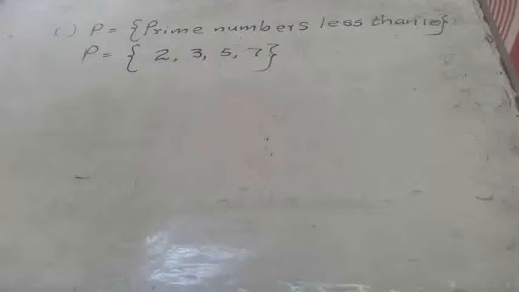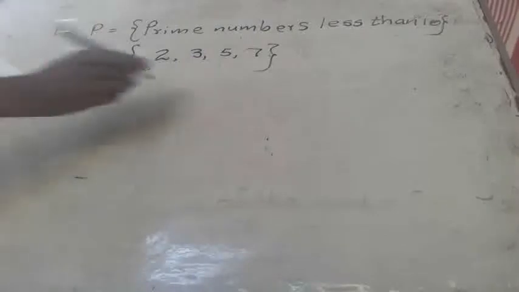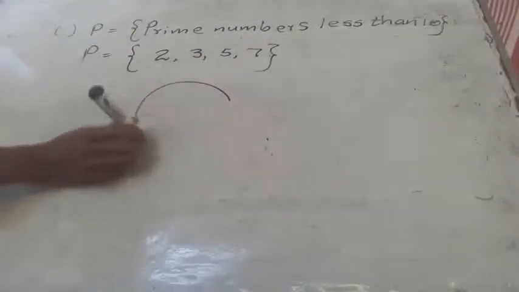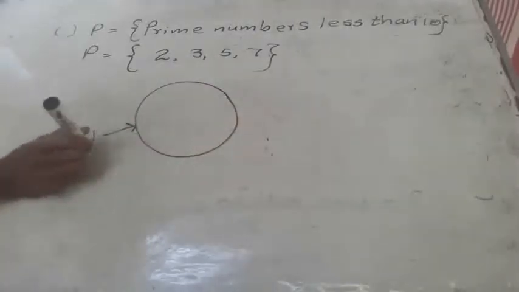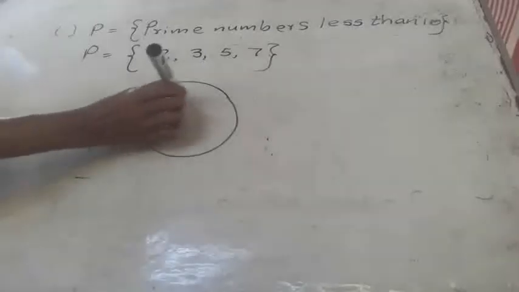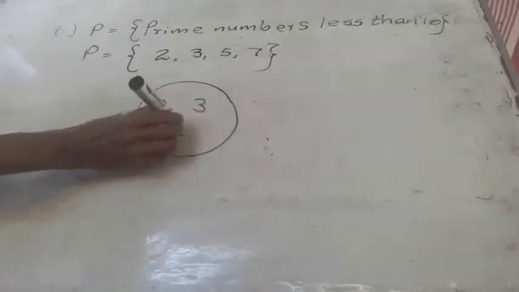Represent each of the sets by a Venn diagram. This is a Venn diagram. We name it as P. 2, 3, 5 and 7.